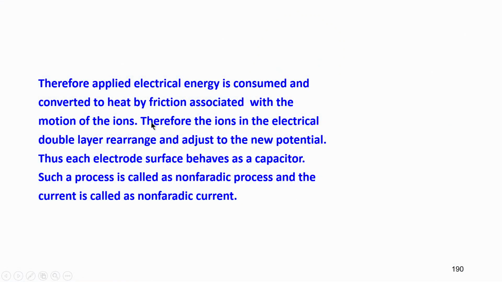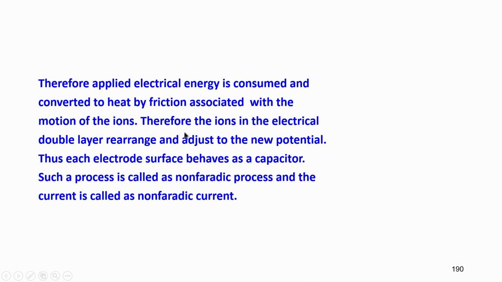Since the conditions of redox reactions are not met, the ions will be hanging around without transferring the electron to the electrode, or without any chemical reaction taking place. The applied electrical energy is consumed but converted to heat by friction associated with the motion of the ions.